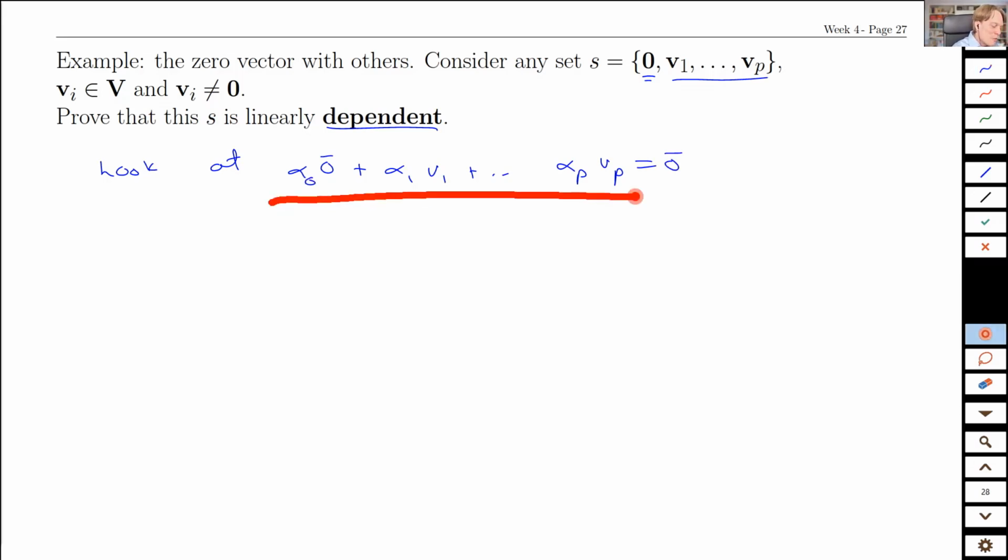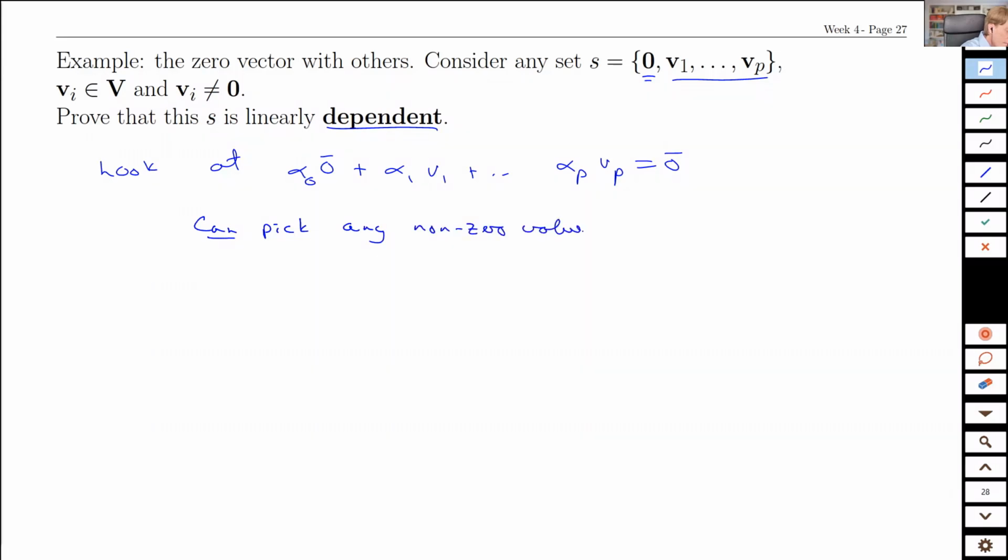So this is our standard form where we have each vector included, and each vector is multiplied by some scalar that we get to pick. Here, again, we might have all zeros for the other alphas, but I can pick any non-zero value I like for alpha naught, and 0 for all the other alphas.